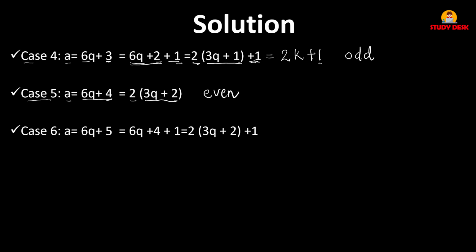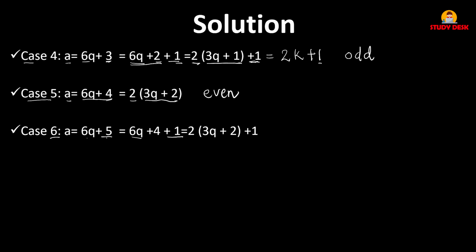Next comes case 6. So here what are we doing? We are taking the remainder as 5. Therefore a can be written as 6q plus 5. Now this plus 5 we will try to break down as 4 plus 1. So we will write 6q plus 4 plus 1. Now from this 6q plus 4 we will take 2 common outside. So that can be written as twice of 3q plus 2.